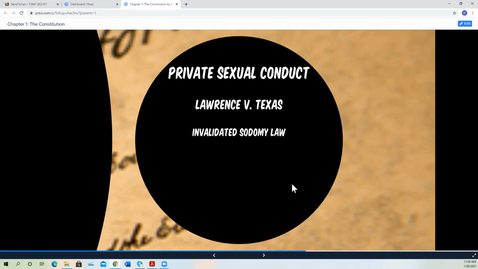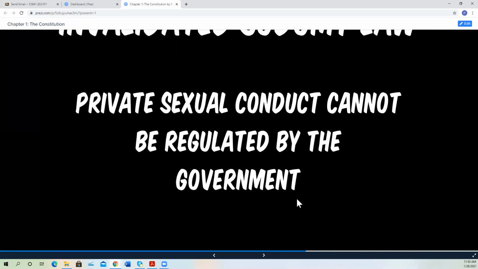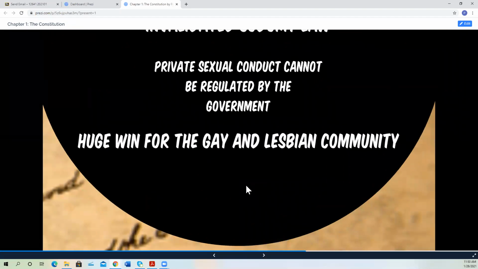The state does not have a good enough reason to get into our bedroom and tell us what kind of sexual acts we can perform. And it said that private sexual conduct cannot be regulated by the government. And this was a huge win for the gay and lesbian community.